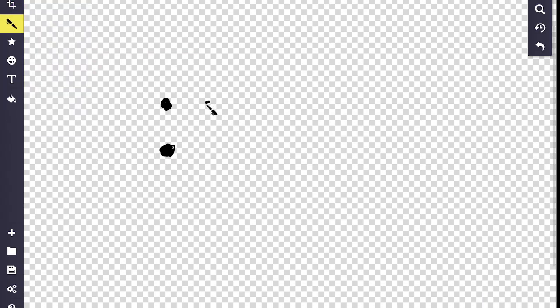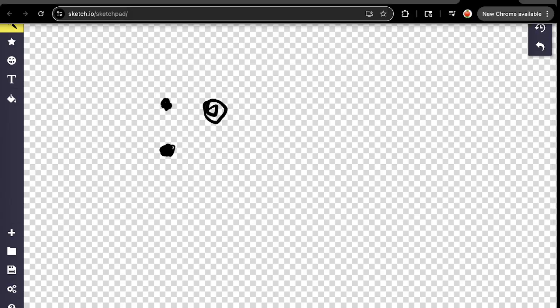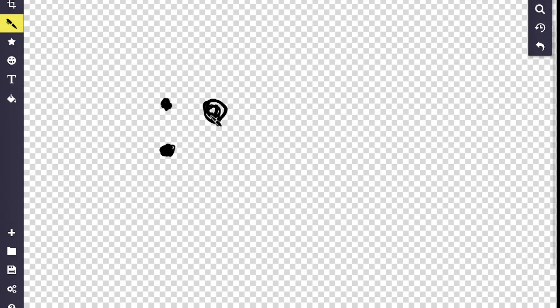Alright. Just like a way bigger circle. And then semicolon should be, semicolon normally looks like this.